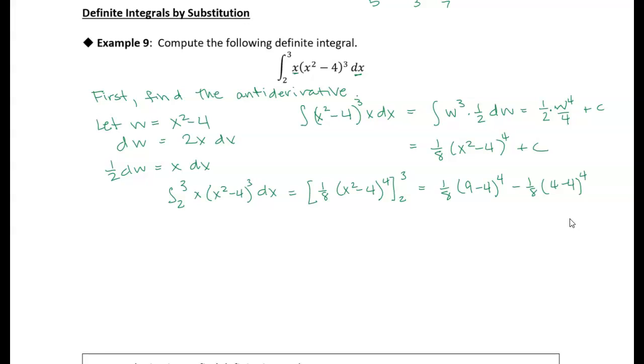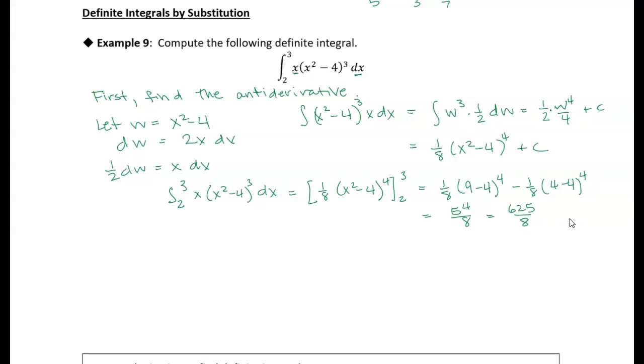Now that's just 0, so I get 5 to the 4th over 8, which means 625 over 8. That's my final answer. That's my definite integral.